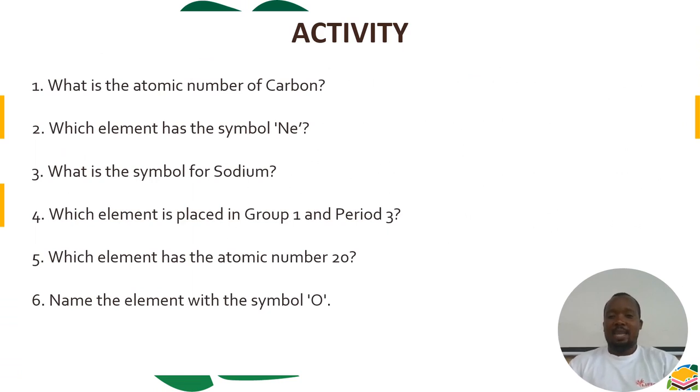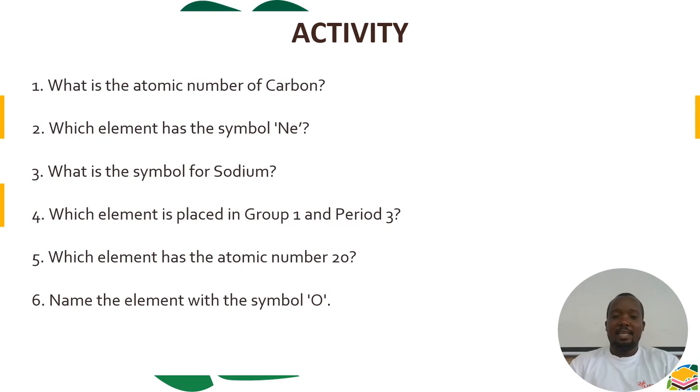Okay. Now that we have looked at the brief history or background of the periodic table, we have seen how elements are arranged in a periodic table, that is in groups and in periods. Let us go through the following activity.